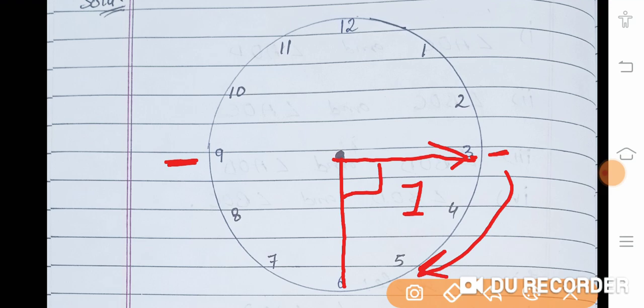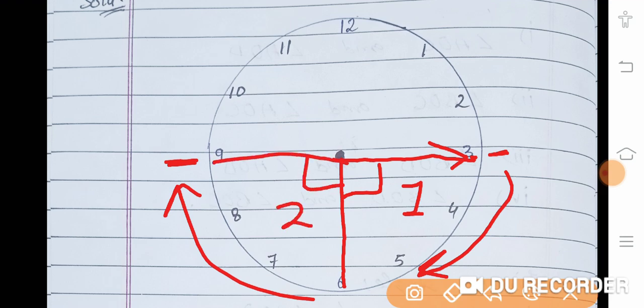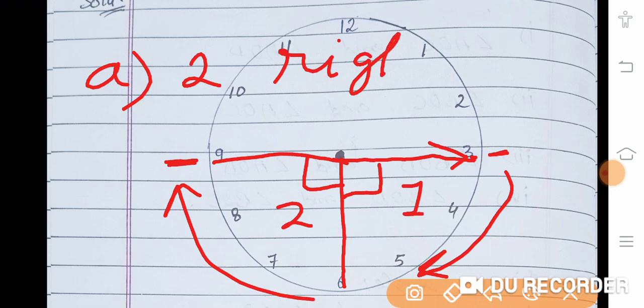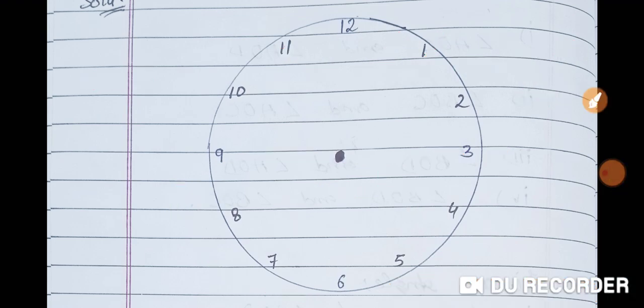After that, when you will start from 6 to 9, you will reach up to here. So this is the second right angle, that is 90-degree angle. So how much right angle you got? So for the A, your answer is 2 right angle. Understood?